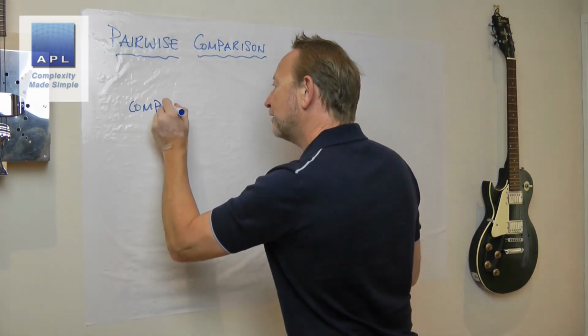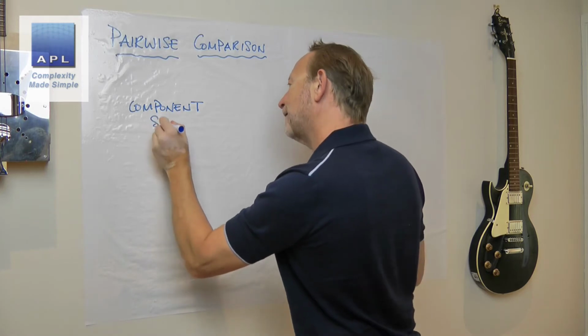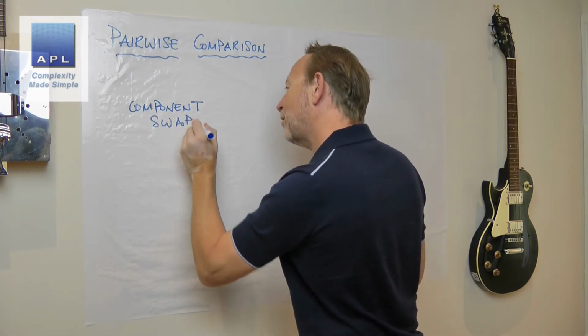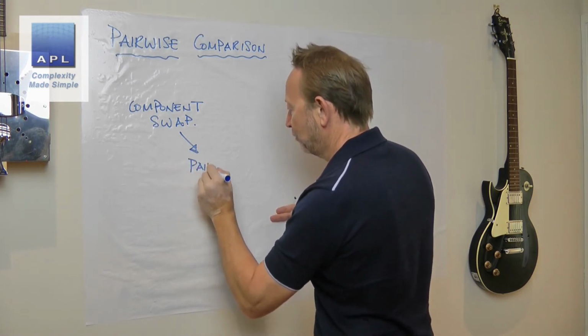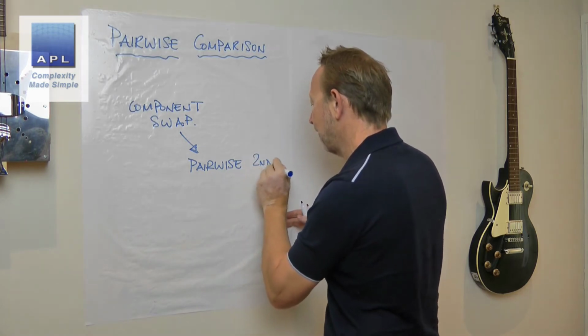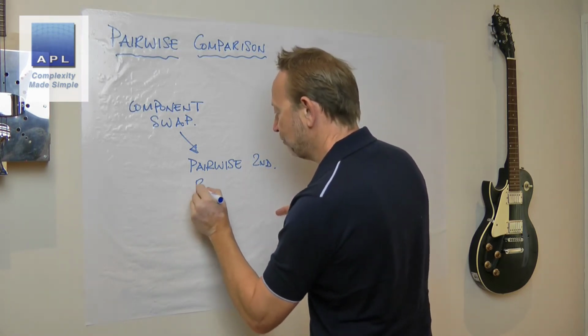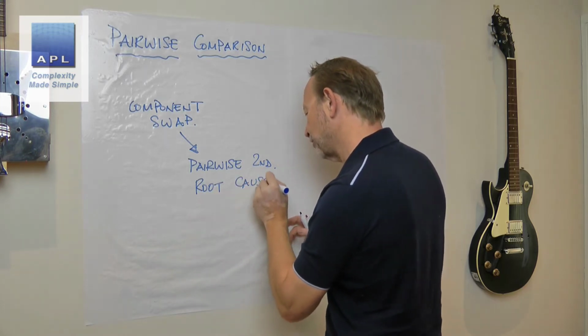So normally, if you have a problem with an assembly, you would component swap first, and you would pairwise second. And what does the pairwise do? Ultimately, it finds the root cause for you.